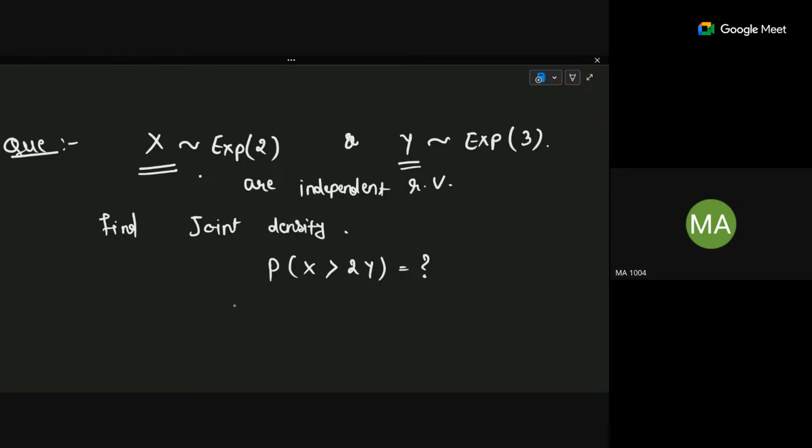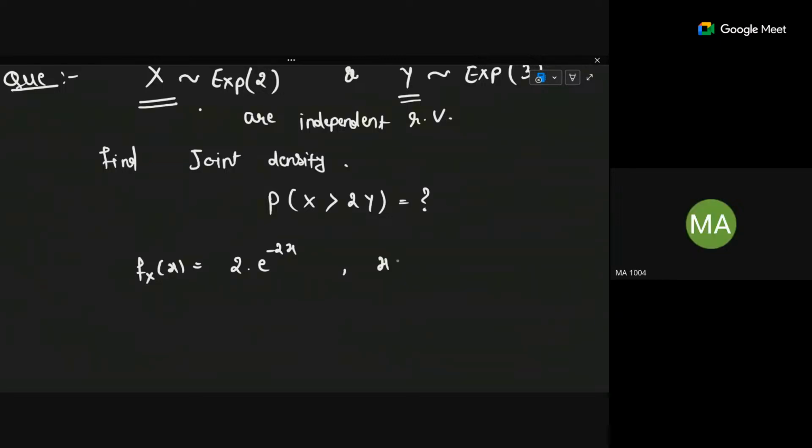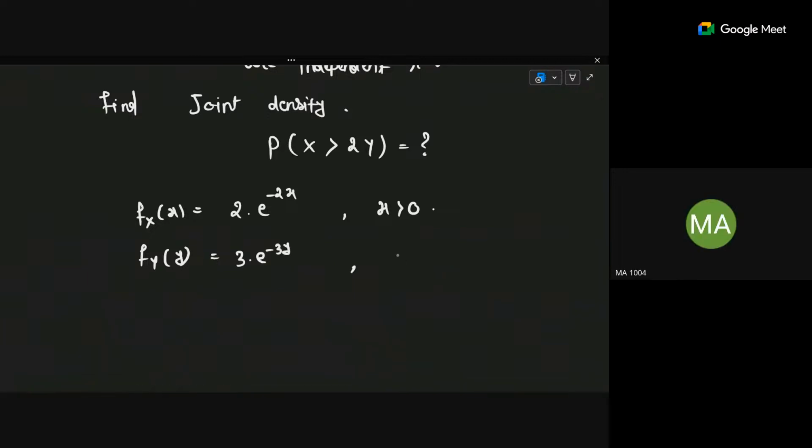So fx of x we know: it is 2 into e to the power minus 2x, for x greater than 0. And what is the marginal density for y? 3 into e to the power minus 3y, for y greater than 0.